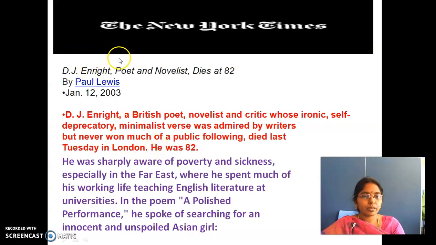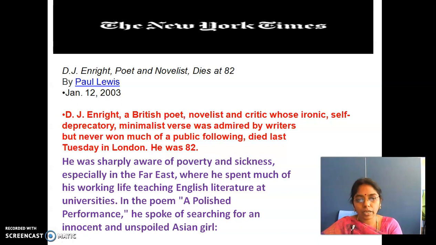And the New York Times, a famous newspaper, right? What does it tell about the poet? Who is the poet? D.J. Enright. When he died, this was a clipping in the New York Times, a newspaper cutting.